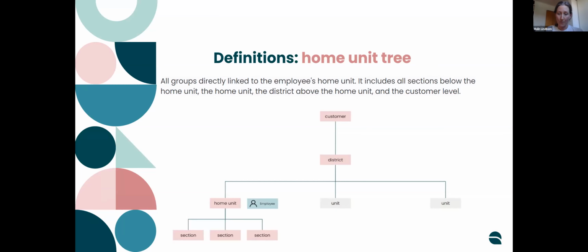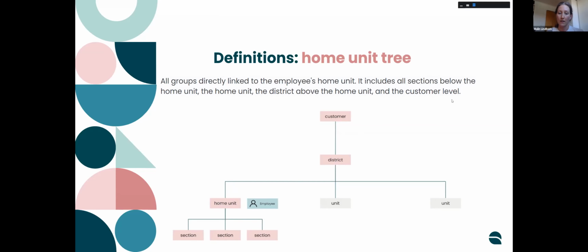So the first thing we are going to look into is what we call the home unit tree. If you look in the organization chart here, you see a customer with a district, and the district has a couple of units, and one of the units, the home unit of the employee, also has 3 sections. So all of these pink boxes are defined as the employee's home unit tree, which is all groups that are directly linked to the employee's home unit.